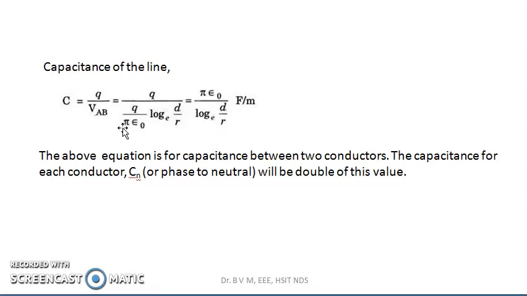Q gets cancelled, and this goes to the numerator. It is in farad per meter. The above equation is for capacitance between two conductors. The capacitance for each conductor or phase to neutral, Cn, will be double of this value, that is 2.